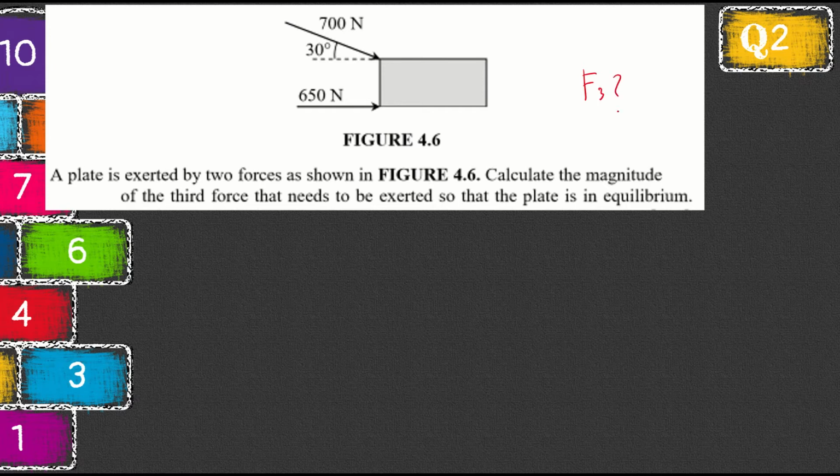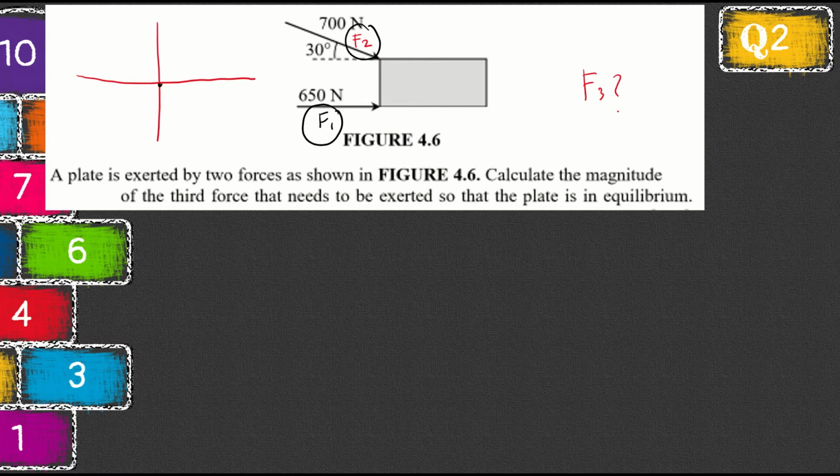So how are we going to solve this, class? To make it simpler, first thing first, we have to resolve the force that we need to resolve. In this case, we need to resolve F2. We try to make sure every force is in the X and Y axis. So let us assign that this one is F1 and this one is F2.